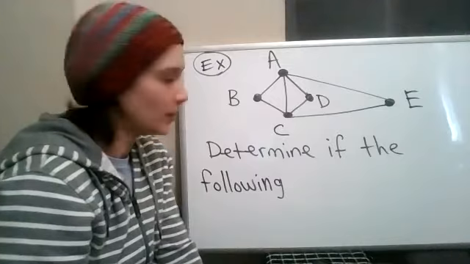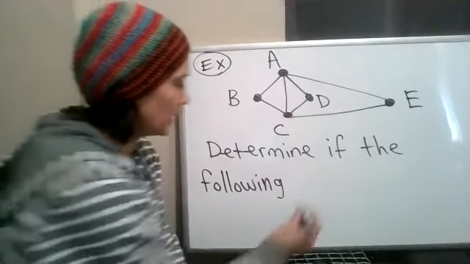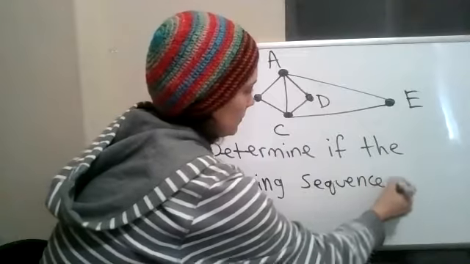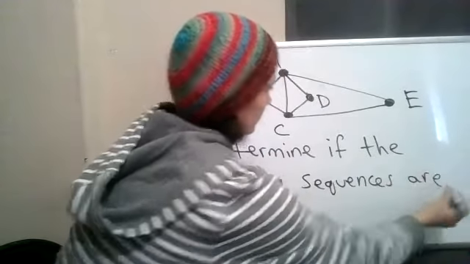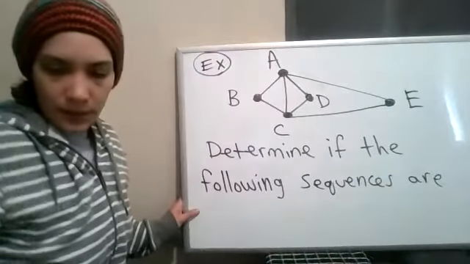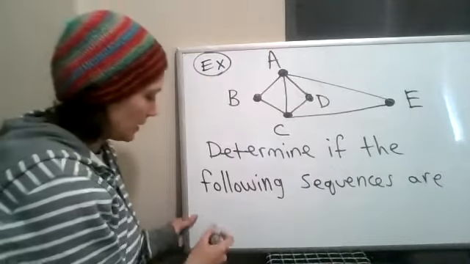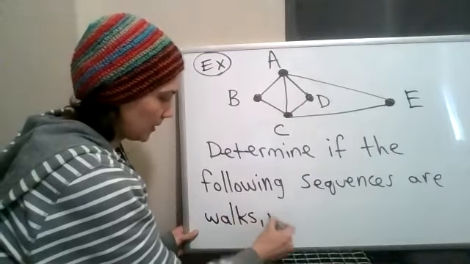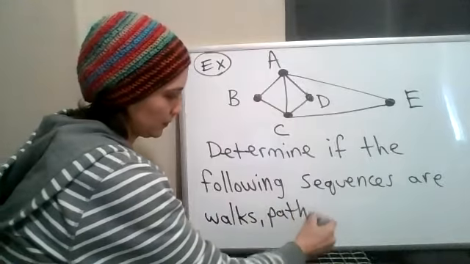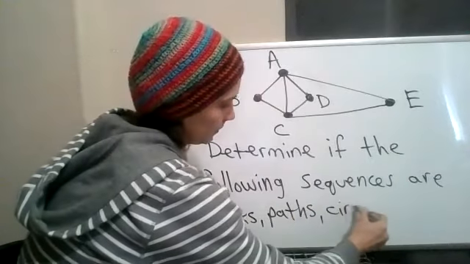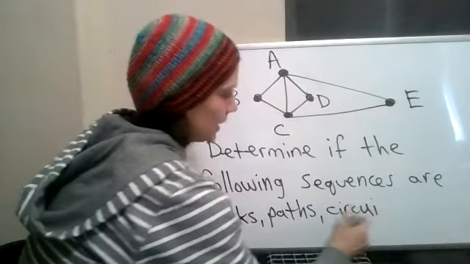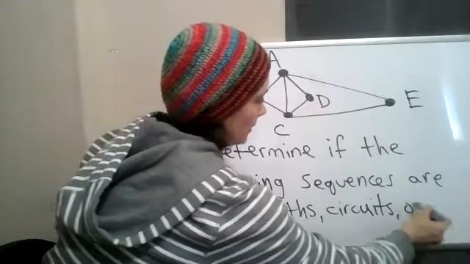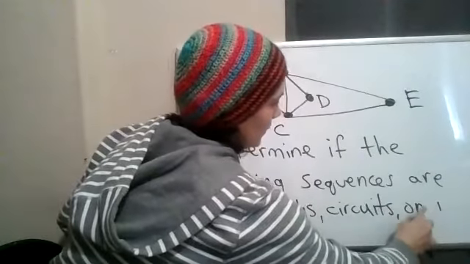Determine if the following sequences are walks, paths, circuits, or none, or neither.